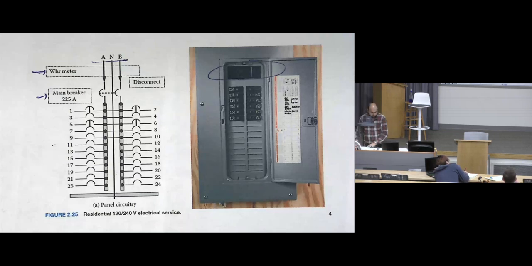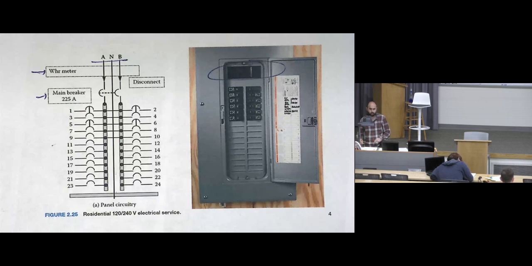Okay, so now I talked about the circuit breakers, and I said it will be tripped at high currents. So what's wrong with high currents flowing? What will happen if there is high current flowing? The circuit breaker will trip.